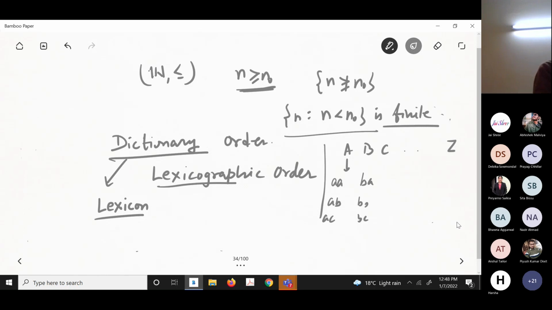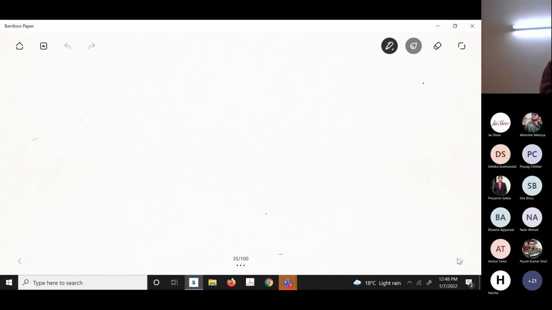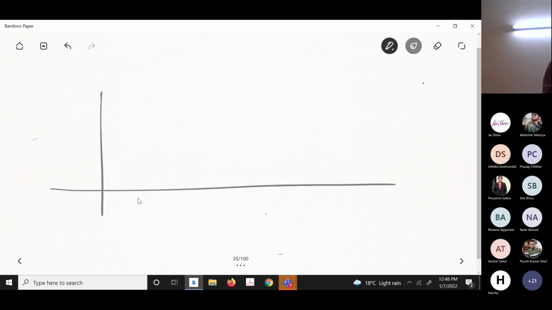So that is lexicographic order, you see that. So if I write this way, suppose this is A, this is B, this is C, like this to Z. So now this is your X coordinate, and for the Y coordinate, what are you choosing?